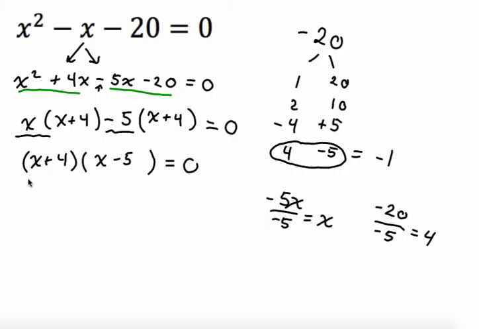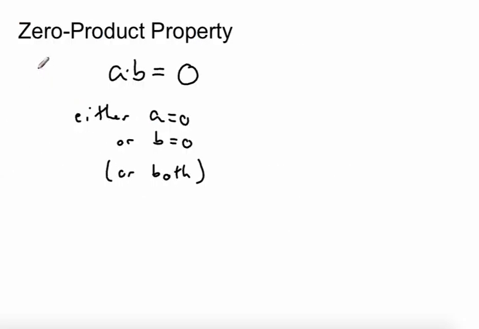What we have is a factor times another factor, and their product is 0. So this is the very case that the zero product property is talking about, which means either the first factor is equal to 0, or the second factor is equal to 0, or they're both equal to 0.